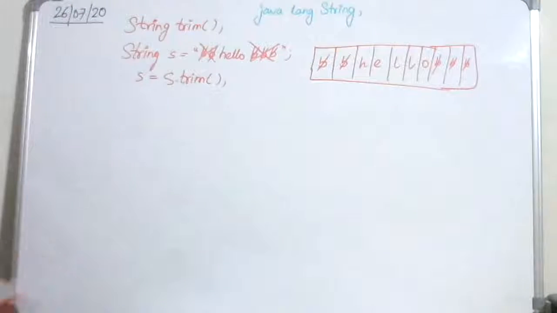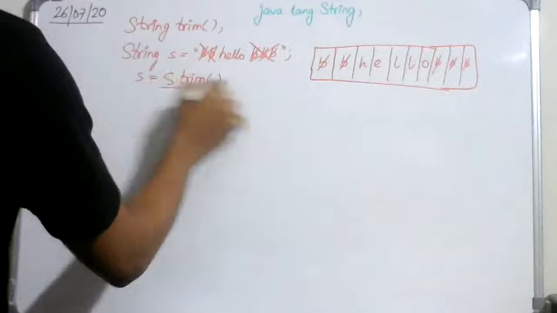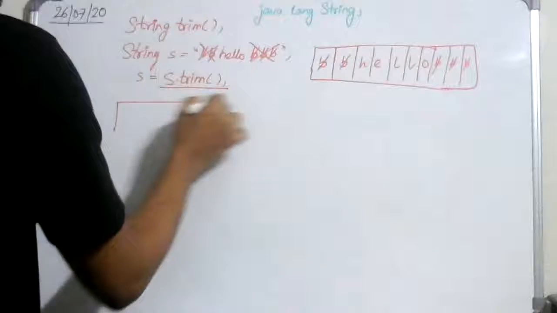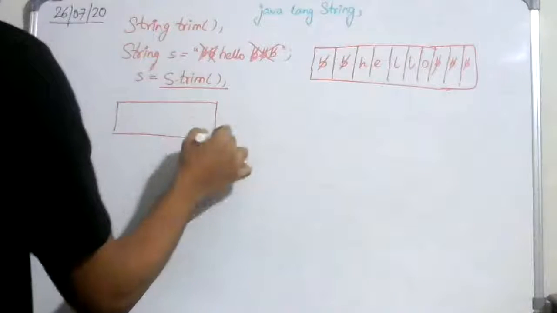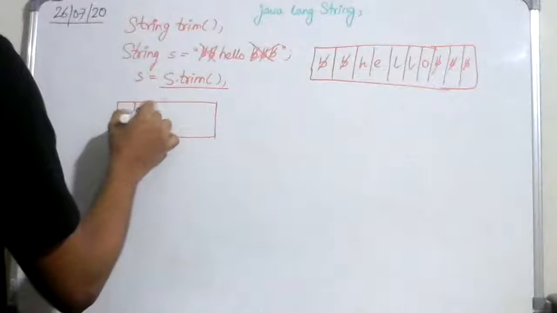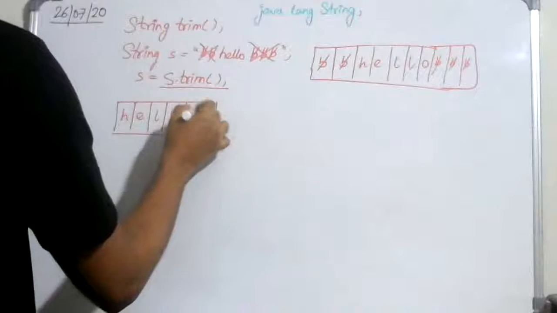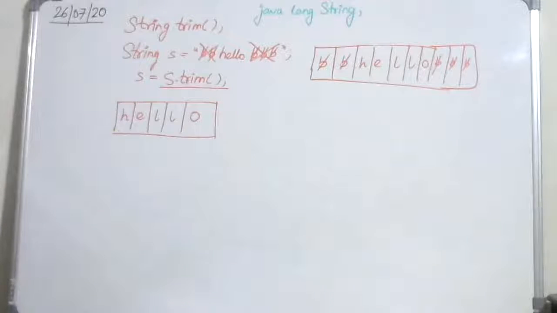So this was my original string in array form. After this operation, my string now becomes like this. The extra spaces before and after the string are deleted, and I have a trimmed string.